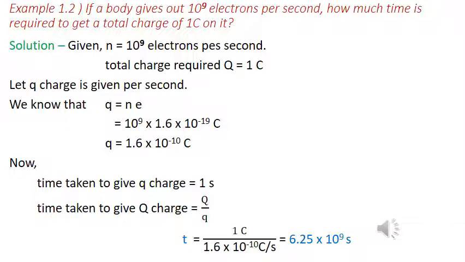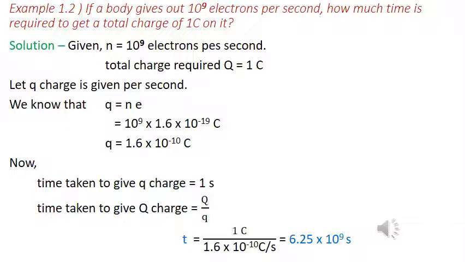So in solution it is given that n is equal to 10 to the power 9 electrons per second and the total charge required by the body is Q is equal to 1 coulomb. Now let us consider that a small q amount of charge is given per second by the body.